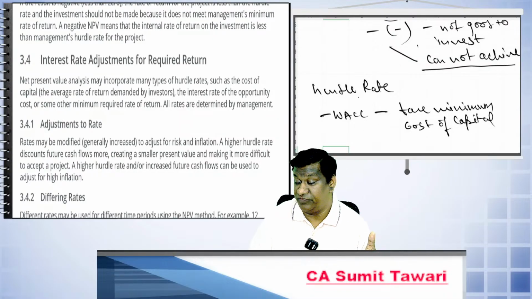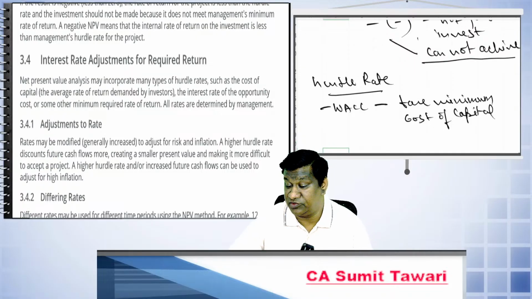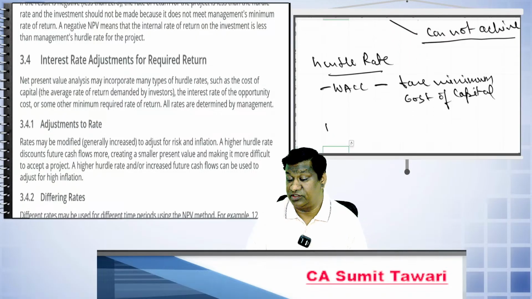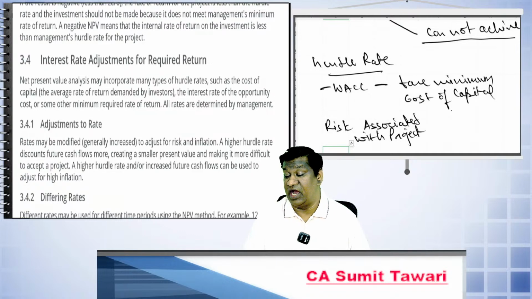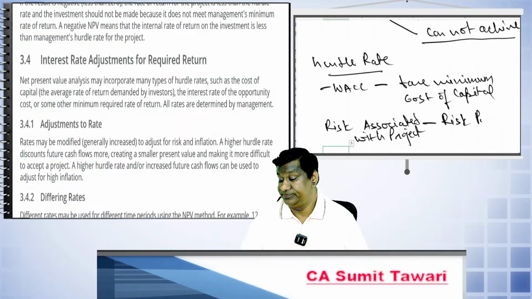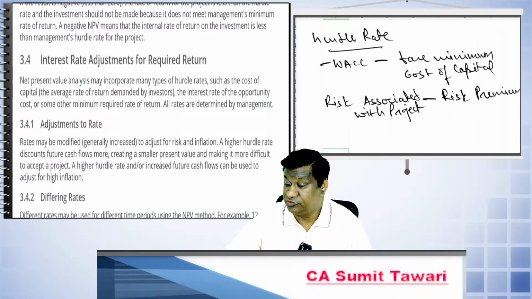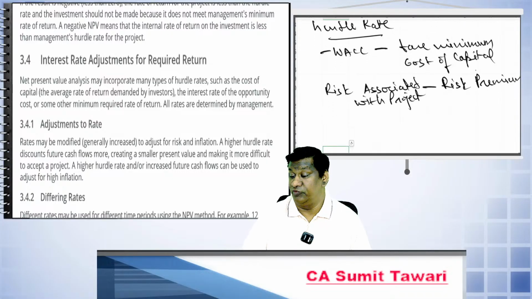While calculating the hurdle rate, we need to also factor the risk associated with the project. If it is a high risk project, then we need to add a risk premium. So bare minimum cost of capital, whatever may be the weighted average, then I add the risk premium.